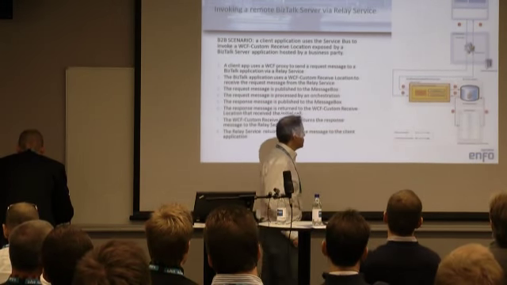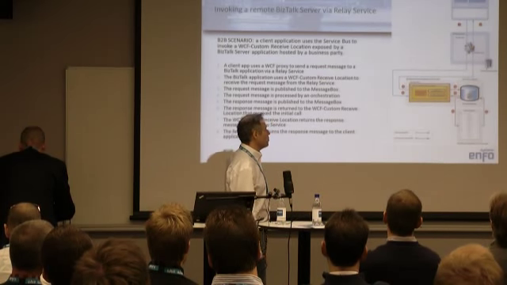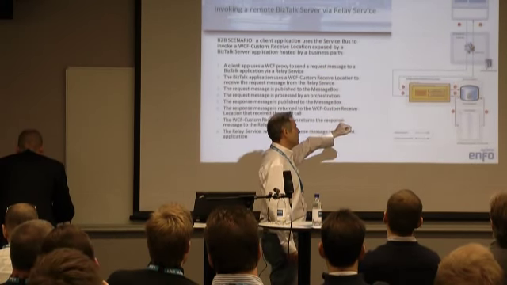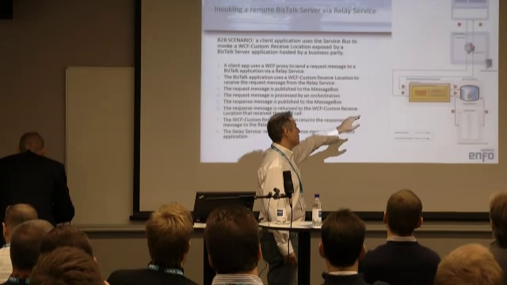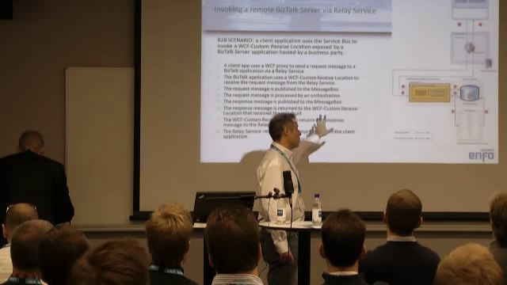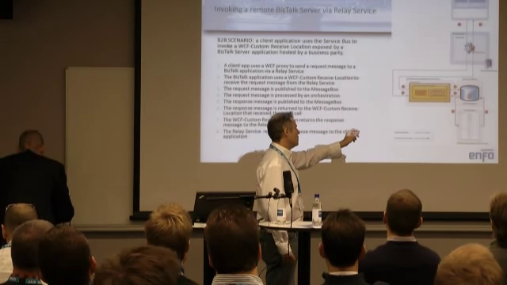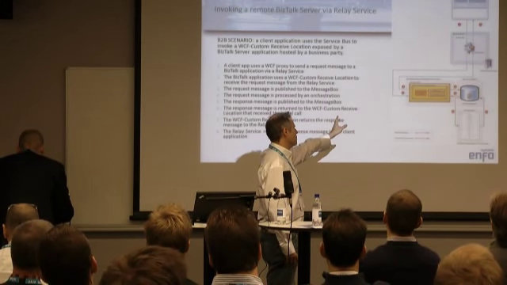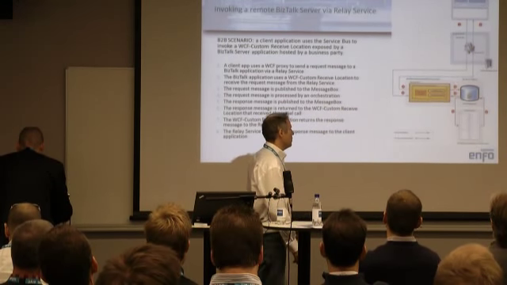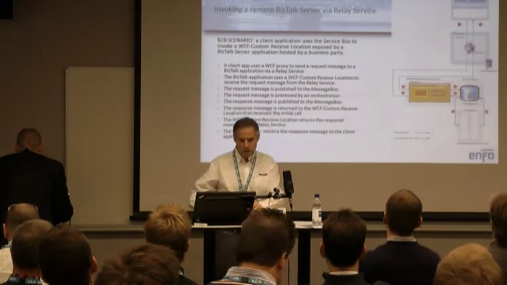So the flow is quite straightforward. The Windows form submits a request to the relay service. The relay service retransmits the message to the BizTalk application. I have an orchestration processing the request and sending back the response. And the response goes all the way back to the Windows form application through the service bus.